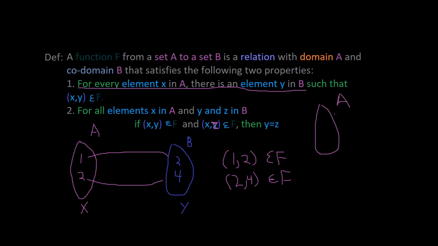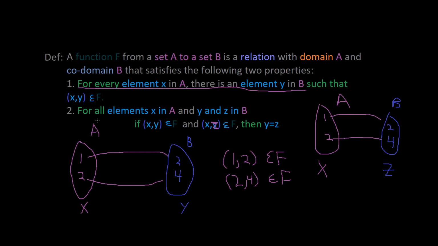Let's define the set as 1 and 2 again, and let's define the set over here, B, as 2 and 4 again. Except now we're going to say this set is the dependent variable z, and we're still going to have this one as the independent variable x. So now we have this, and now they're going to be the same as the one over there.